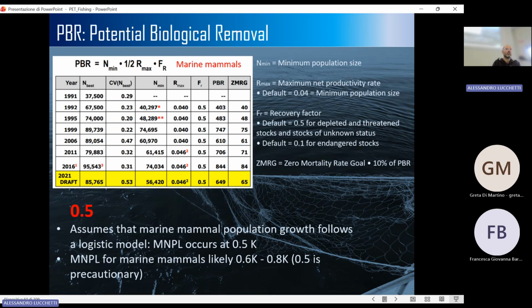In Italy, we can do this only for a few protected species. Let's say dolphins, probably, because in the past there was a cross-country aerial survey for monitoring the presence of dolphins in the Adriatic, Tyrrhenian, and the Strait of Sicily.